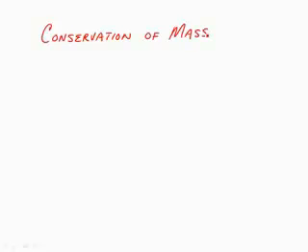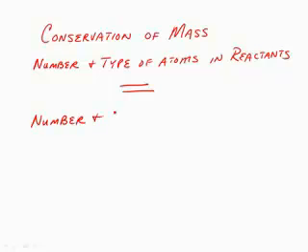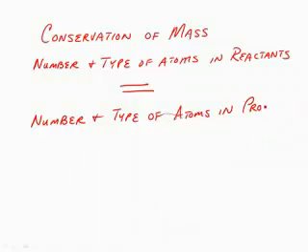And basically what conservation of mass says with regard to a chemical reaction is that the number and type of atoms in our reactants is equal to the number and type of atoms in the products. All right.